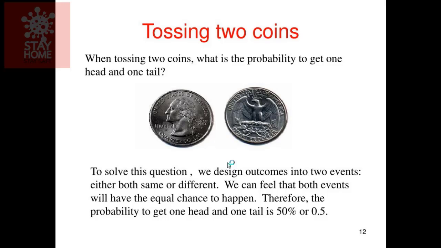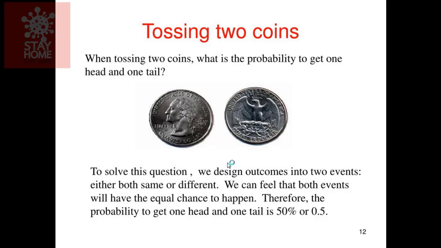When tossing two coins, what is the probability to get one head and one tail? Definitely the probability for one head and one tail will be 50-50, meaning 1/2. To solve this question, we divide the outcomes into two events, either both the same or different.